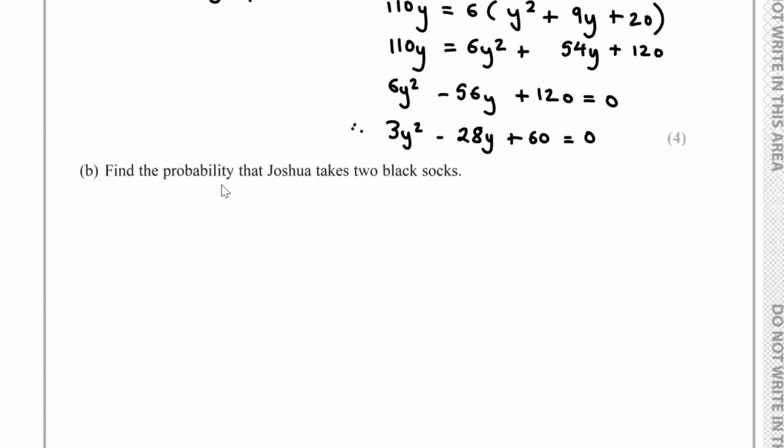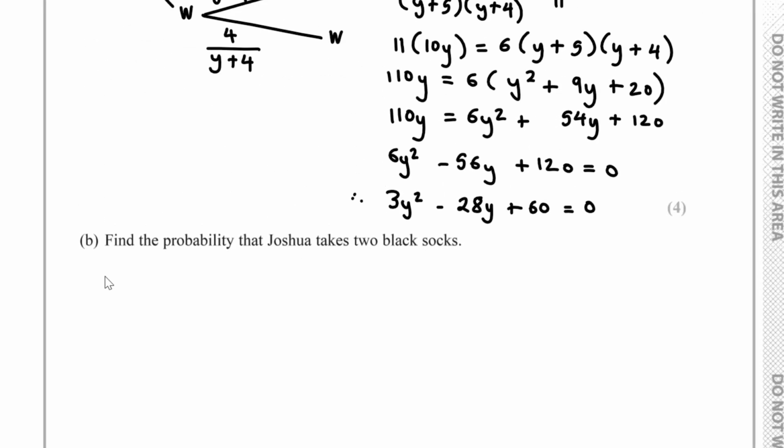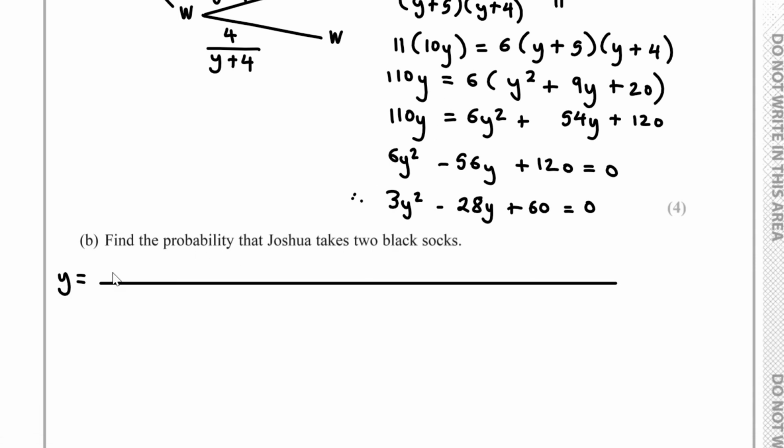Now for part B, we have to find the probability that Joshua takes 2 black socks. So here, we first of all need to find out what y is, and then use that information to figure out the probability of 2 black socks. So if I solve this equation here, y is equal to, well, I need to use the quadratic formula, so I've got minus b, so I've got minus 28, plus minus the square root of b squared, so I've got minus 28 squared, minus 4ac, over 2a.